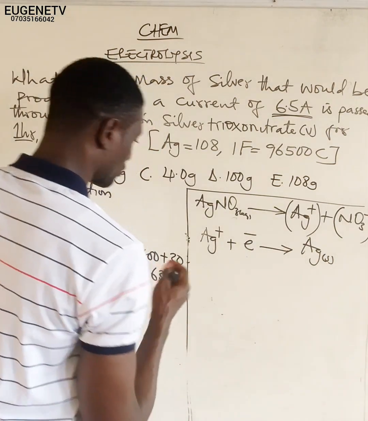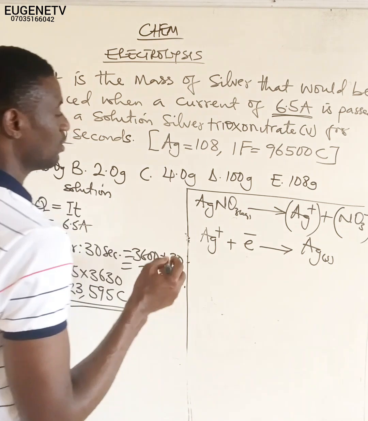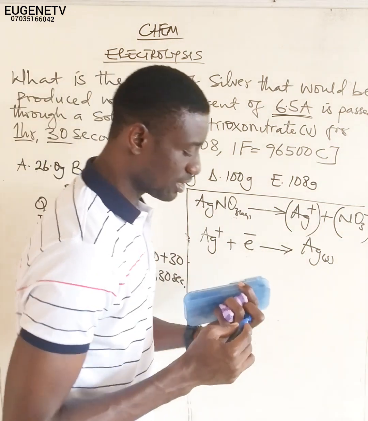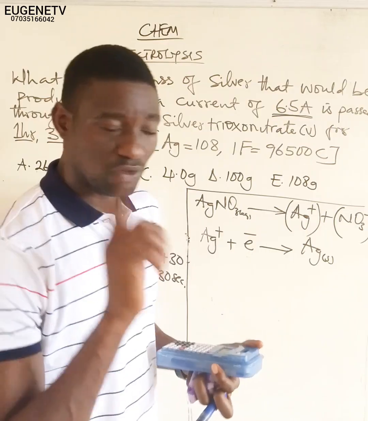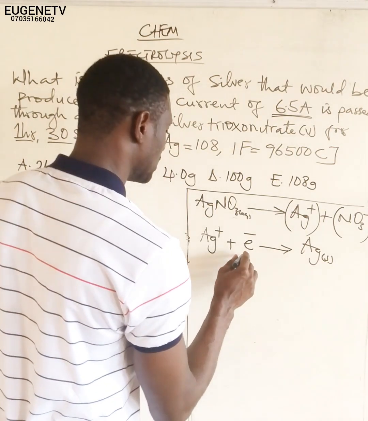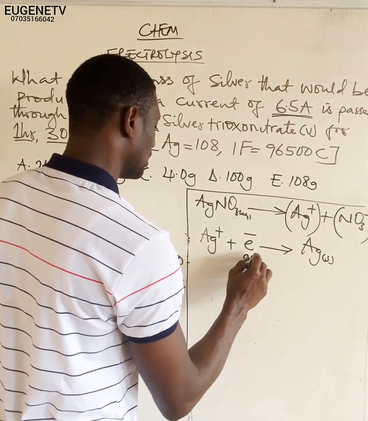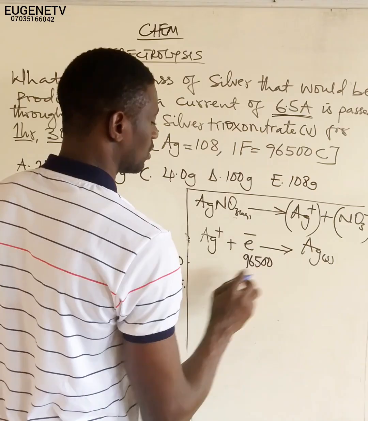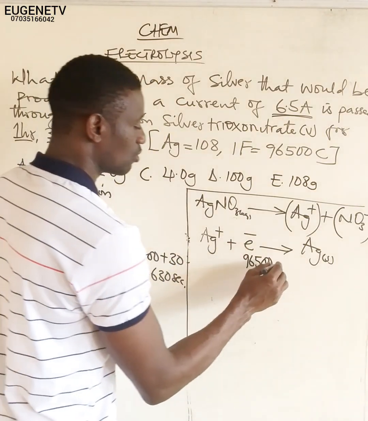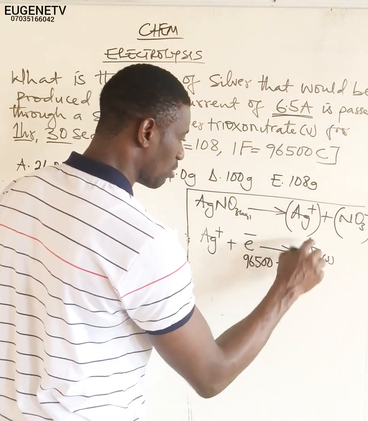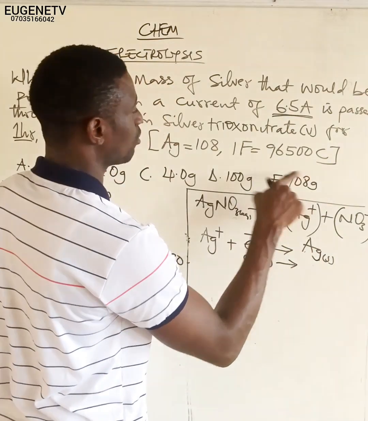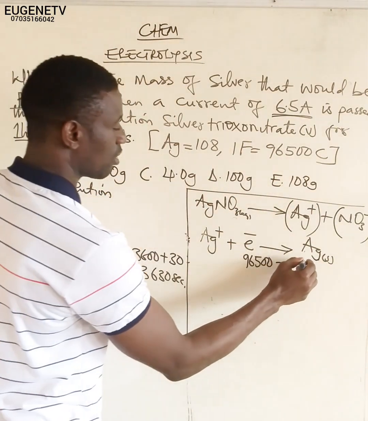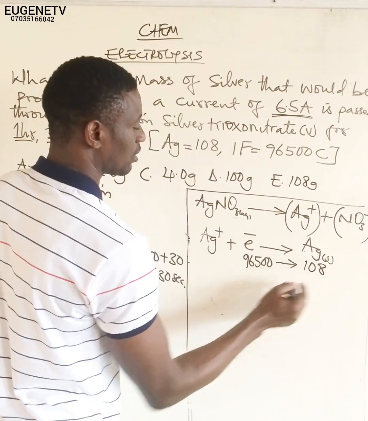Alright? So we already know that the quantity of electricity required to discharge 1 mole of electrons is 96500 coulombs. This 96500 will discharge or produce 1 mole of silver, and of course, the mass of 1 mole of silver was given to be 108 grams.